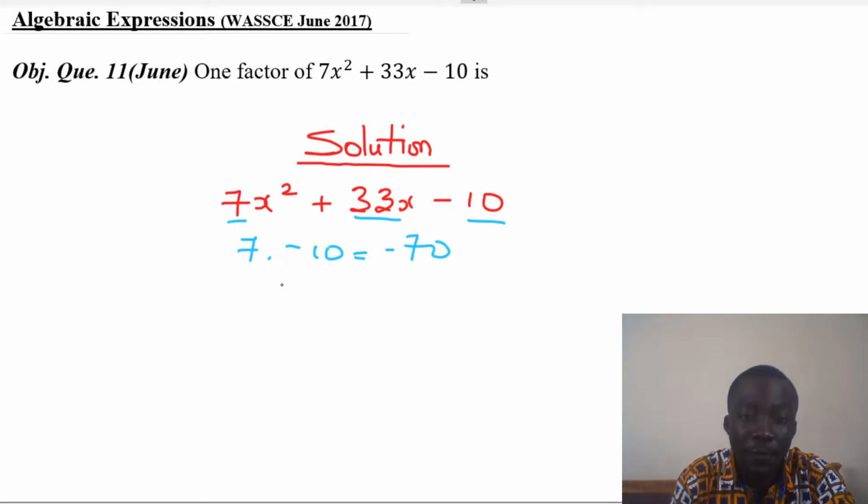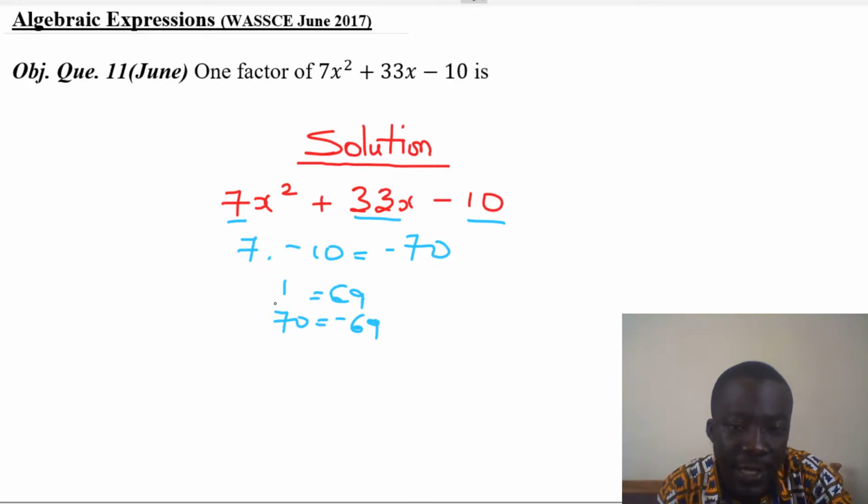So pair factors of 70, we have 1 and 70. Now to get negative 70, we have to negate one of these factors. When we negate the 1 and add to 70, we get 69. Likewise, when we negate the 70 and add to 1, we get negative 69. So both results are not equal to the 33 we have here, so we can't use 1 and 70.